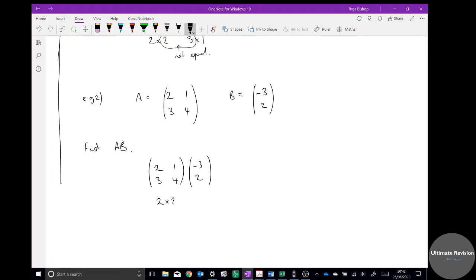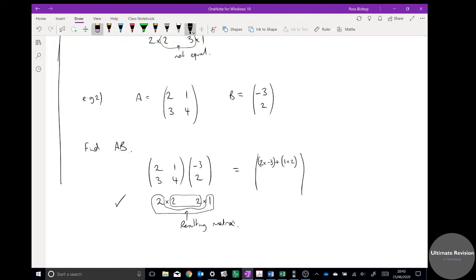A is a 2 by 2, B is a 2 by 1, so yes, it's going to multiply because these two inner dimensions are the same. And these outside dimensions give the resulting matrix. So I know it's going to be a 2 by 1. Now, the first element is always row times column, so it's going to be 2 times -3 plus 1 times 2.